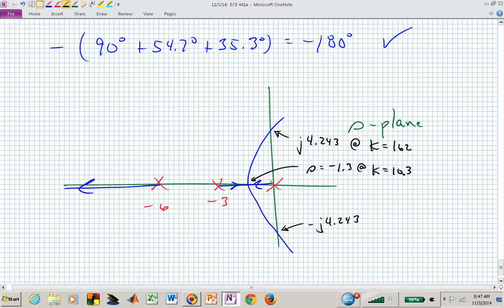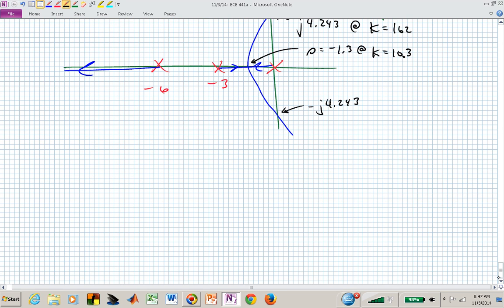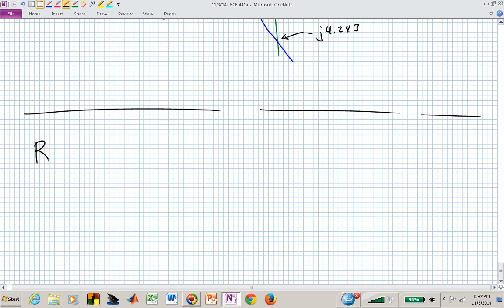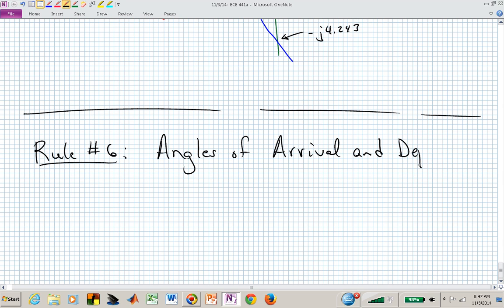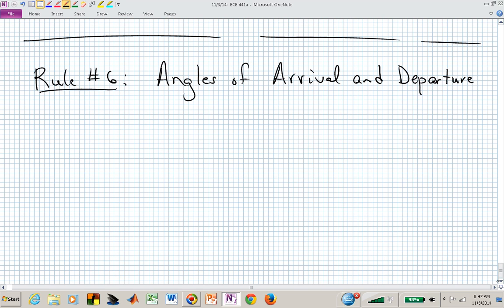Is that clear? Let's now look at rule number 6, which we don't even need for that particular system. This is concerning the angles of arrival and departure. This is when you have complex conjugate poles and/or zeros.